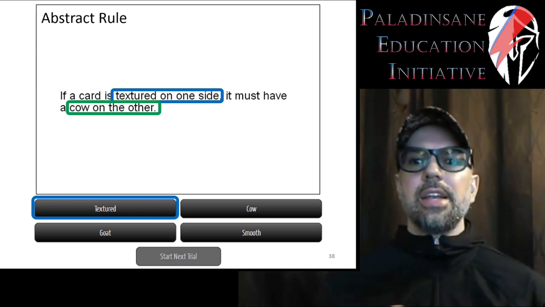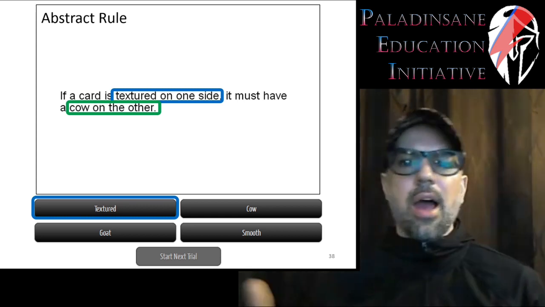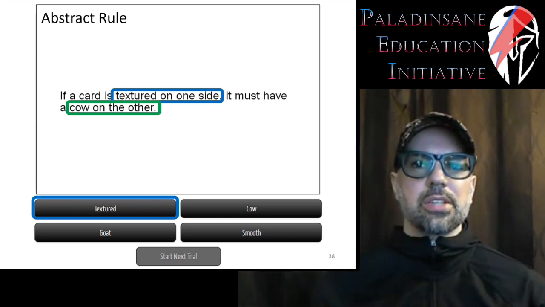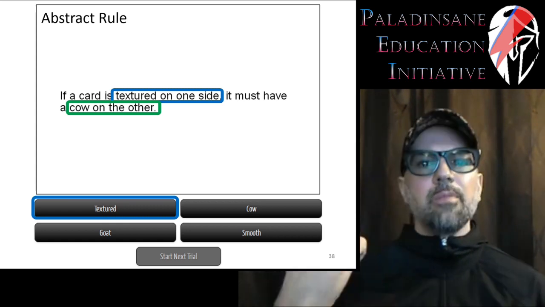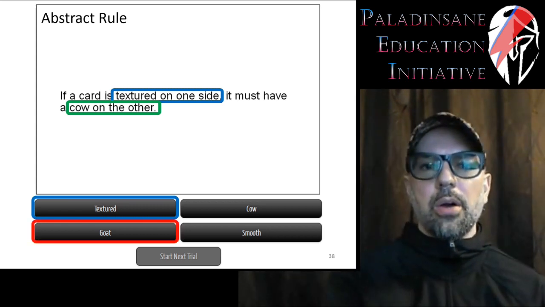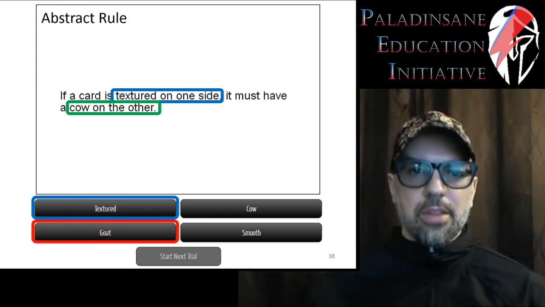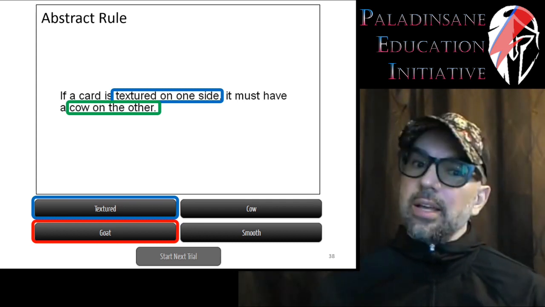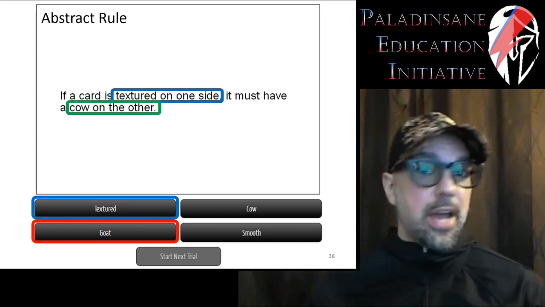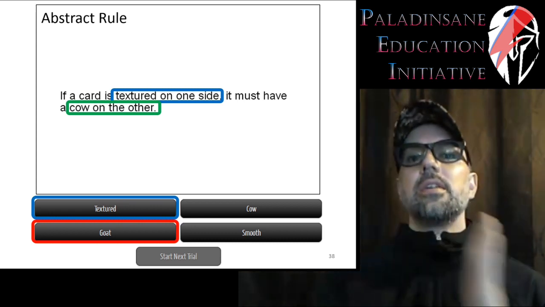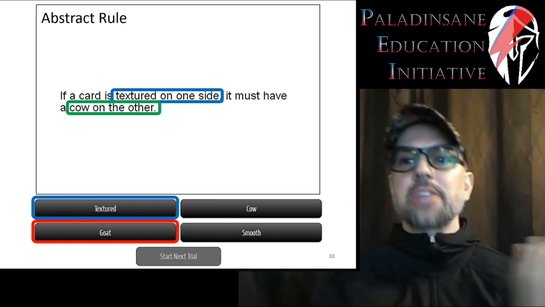We should check not Q. So we don't check the cow. We don't flip the cow over to see what's on the other side, because that will tell us nothing. What we need to do is flip over the goat, and make sure that it is not textured on the other side, because if it's textured on one side, it better be a cow on the other, not a goat. So we flip over the goat because the goat is not Q. It's not a cow.